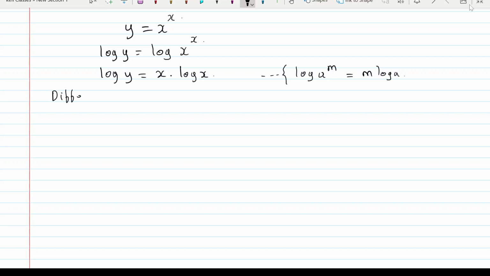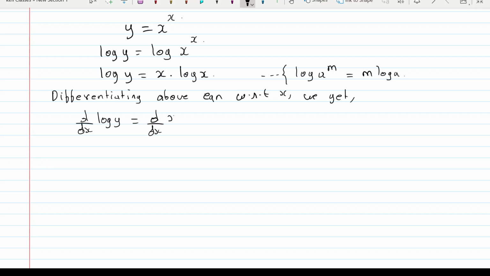Differentiating the upper equation with respect to x, we get d by dx of log y is equal to d by dx of x into log x.